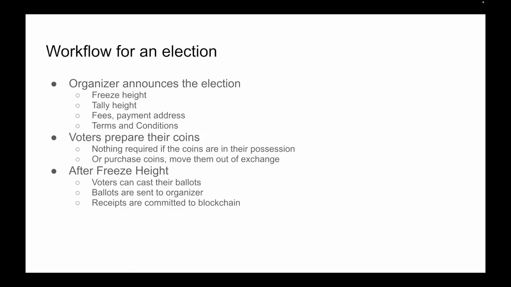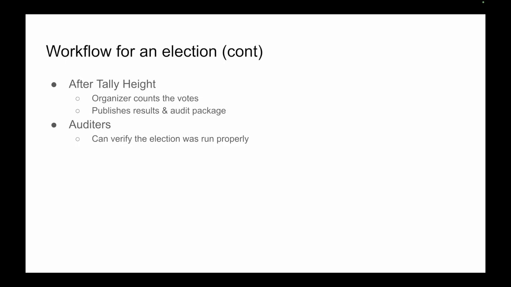it has been received. Then once the tally height passes, no vote will be possible. So all the votes will be rejected at that time. The organizer can count the votes. So he uses a tool, of course, for that. And then he will say, okay, this is the winner, and he has received that many votes, and so on and so forth. And at the same time, he would publish an audit package.